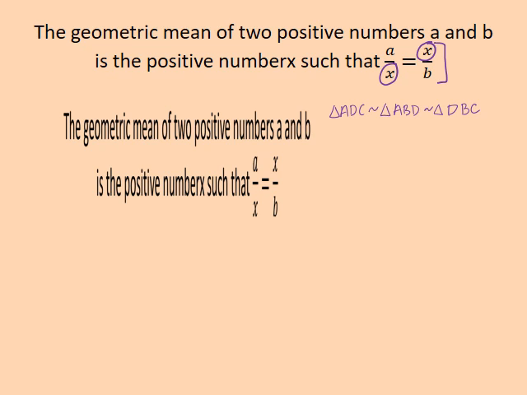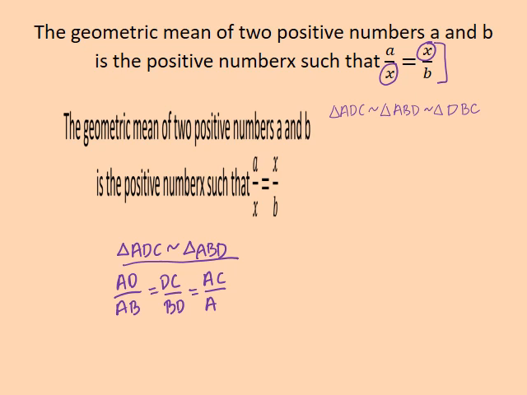We're going to set up our proportionality statements, and we're going to look at the geometric mean relationships in three similar right triangles. First we look at triangle ADC and its similarity to triangle ABD. We can write the proportionality statement based on the similarity statement: AD divided by AB equals DC divided by BD, which equals AC divided by AD.